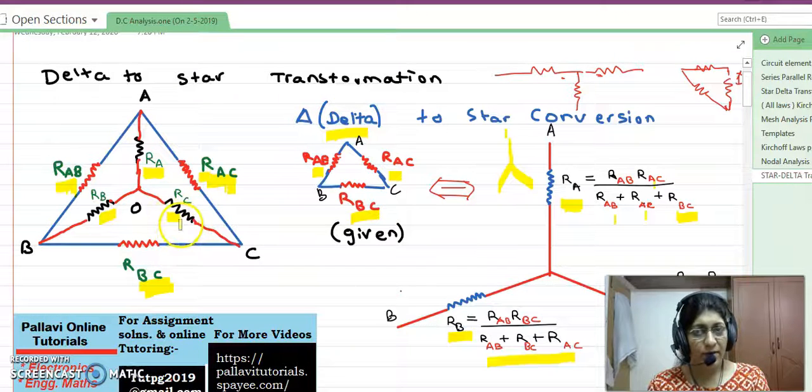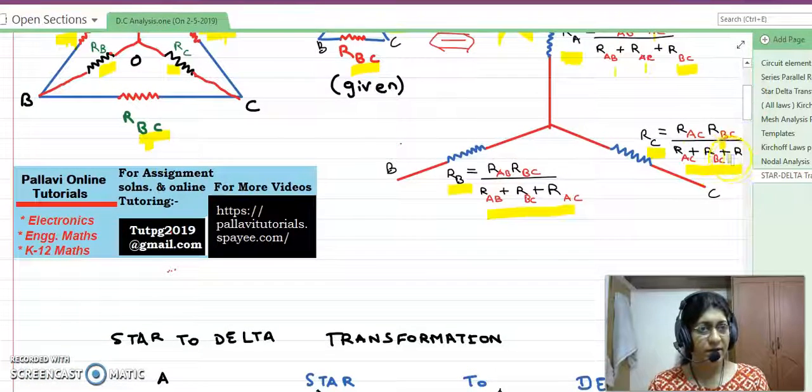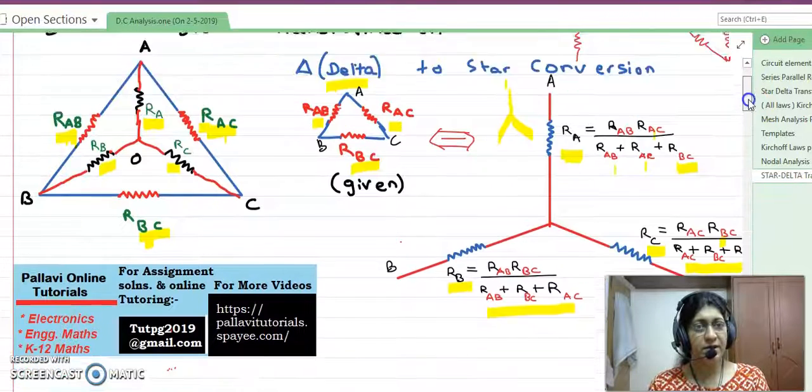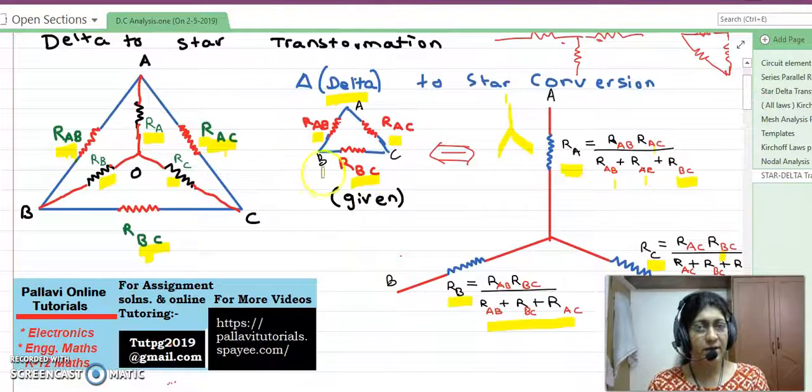So the value of RC is the product of RAC and RBC upon the sum of RAB, RAC and RBC. This is the value of resistance RC. So we have successfully converted the given delta ABC into this star.